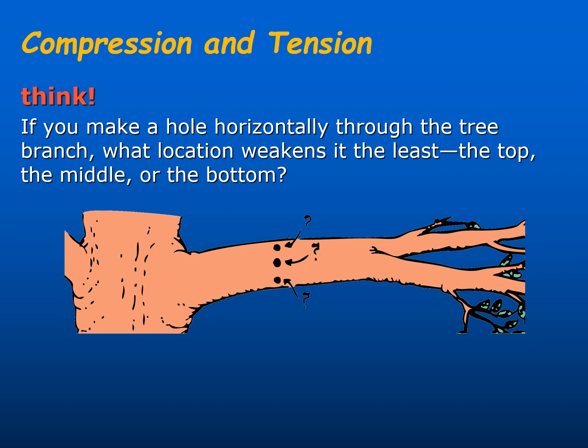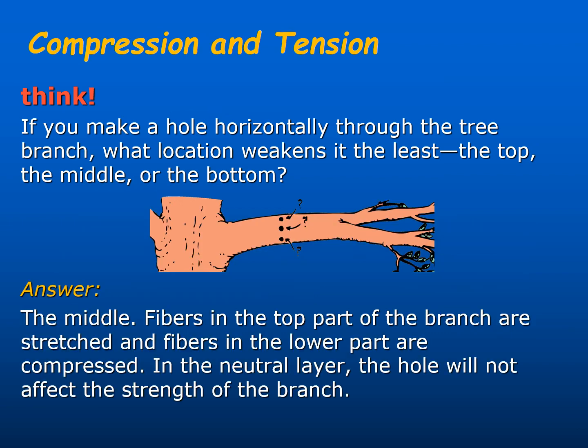Think about it. The answer here is the middle. Why? Fibers in the top part of the branch are stretched, and fibers in the lower part of the branch are compressed. In the neutral layer in the middle, the hole will not affect the strength of the branch.